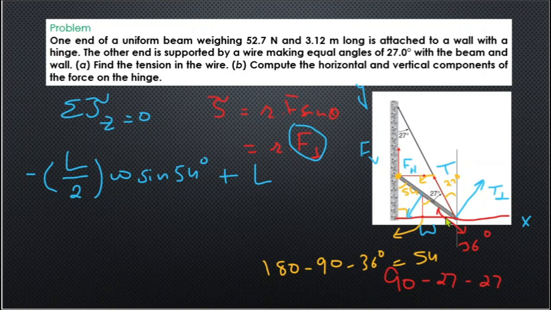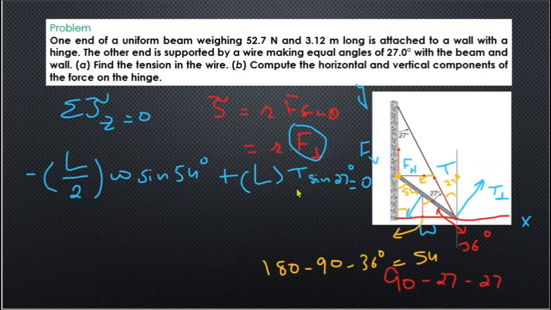What would be the magnitude of this T perpendicular? According to the trigonometric identity, if this tension force is making the angle of 27 degrees with this beam, then this T perpendicular would be equal to T times sine of 27 degrees. And according to the condition of equilibrium, that thing should be equal to 0.